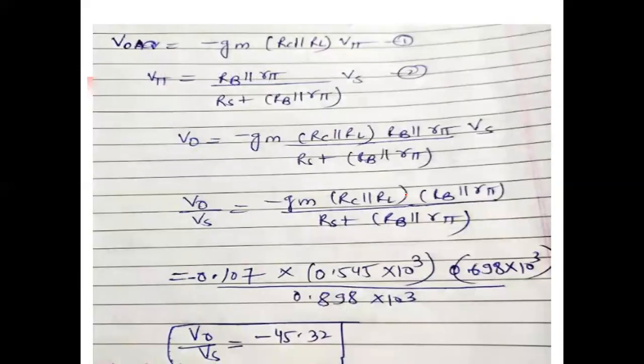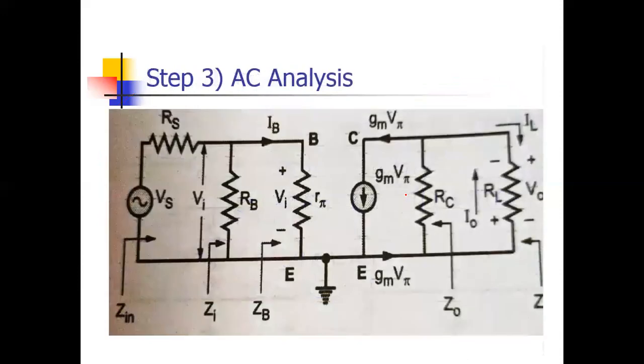Now next is voltage gain. Voltage gain is output voltage upon input voltage. Output voltage V naught, input voltage Vs. So you want to calculate V naught upon Vs. First of all, calculate V naught. V naught means output voltage equals output resistance into output current. Output current is gm v pi and output resistance is RC parallel RL.